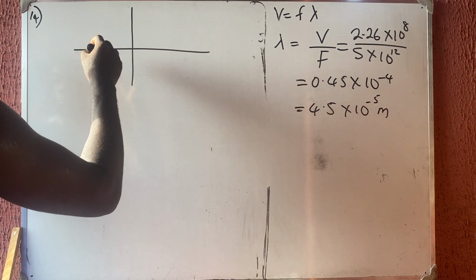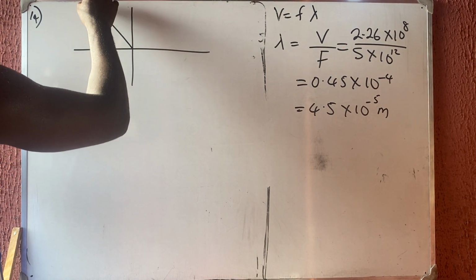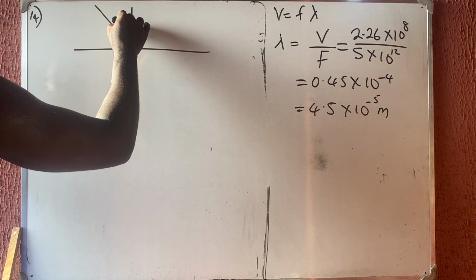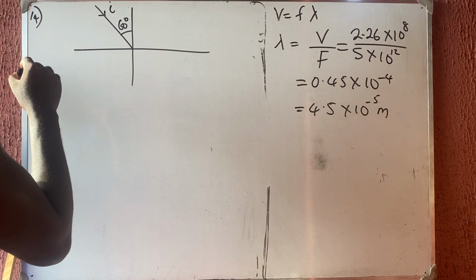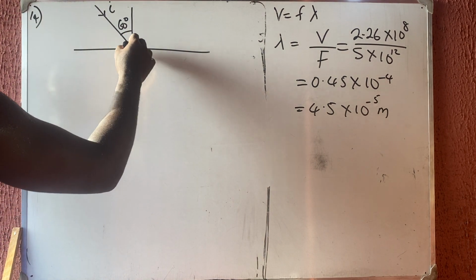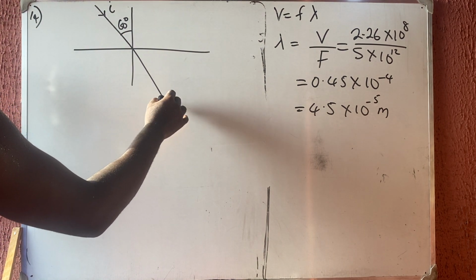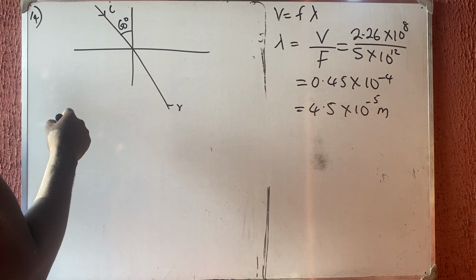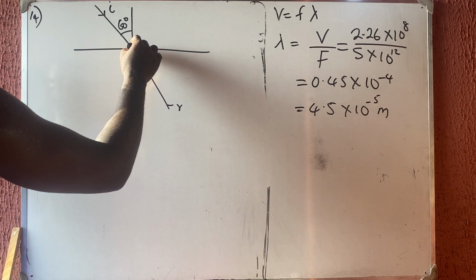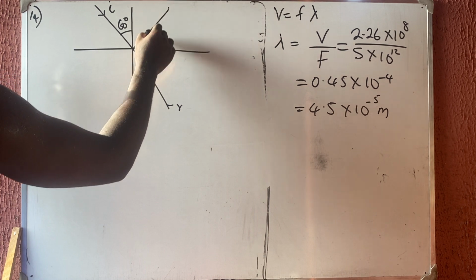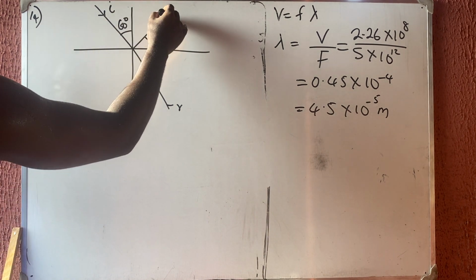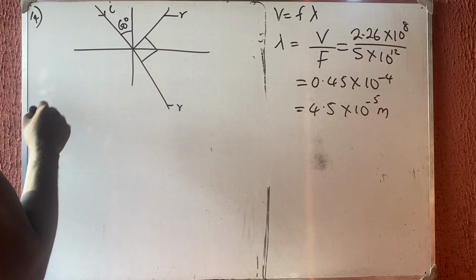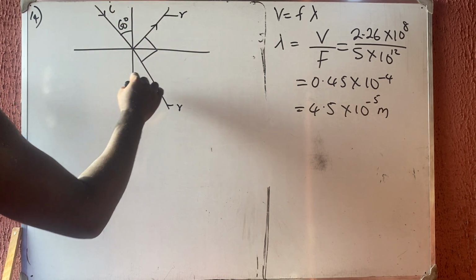Here is 60 degrees, and they call this place I. They now gave us this place and said that this is our R, refractive. They now gave us here again, and said that here is 90 degrees to this place, with an arrow coming this way and this one going this way.